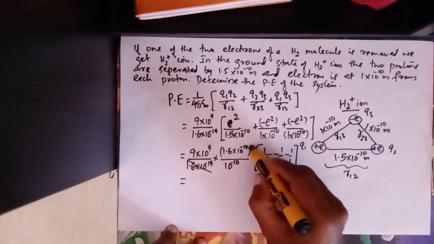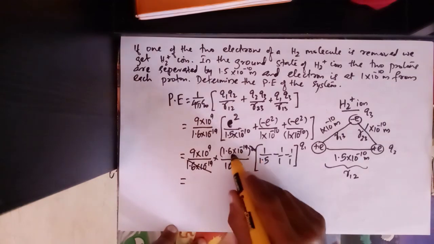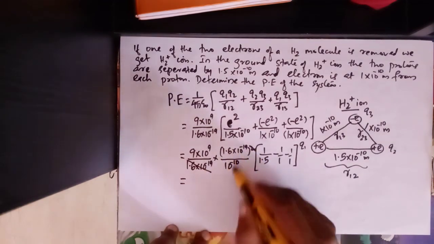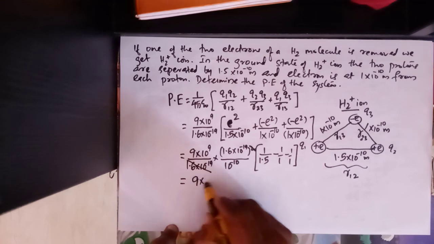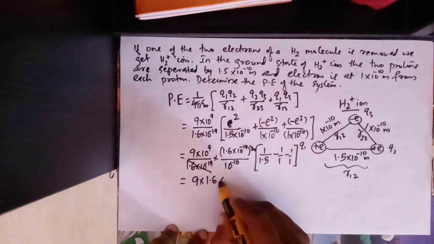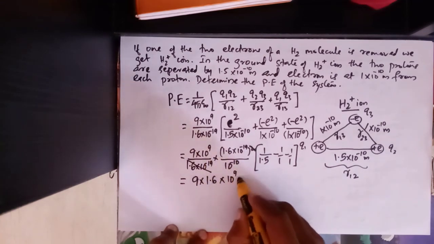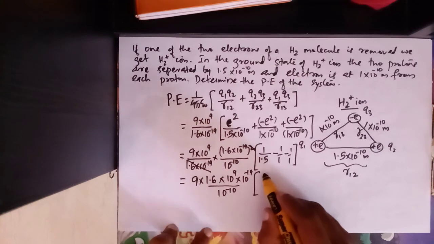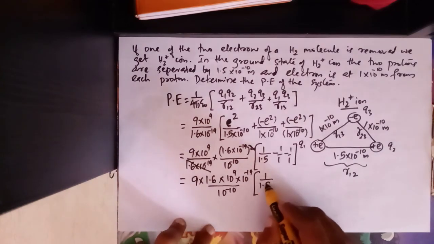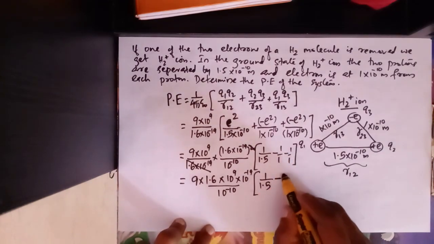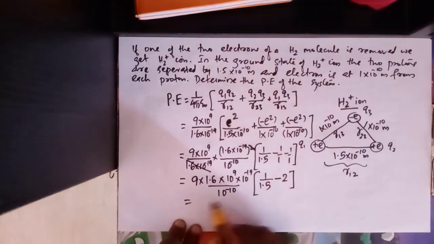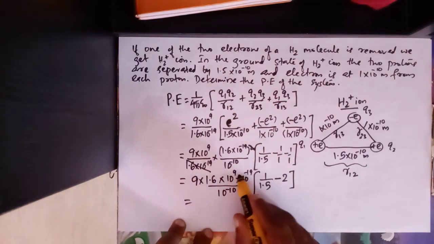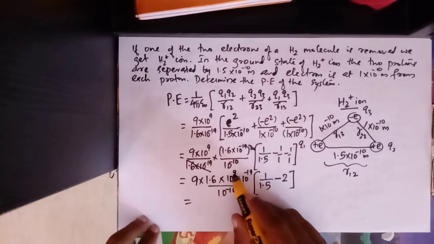So going to simplify, one of the 1.6 into 10 raised to minus 19 will cancel. What is left is 9 into 1.6, 10 raised to 9, and 10 raised to minus 19, divided by 10 raised to minus 10, into 1 by 1.5 minus 1 minus 1, that is minus 2. Further, the powers give 10 raised to 9 minus 19 plus 10, which cancel out.